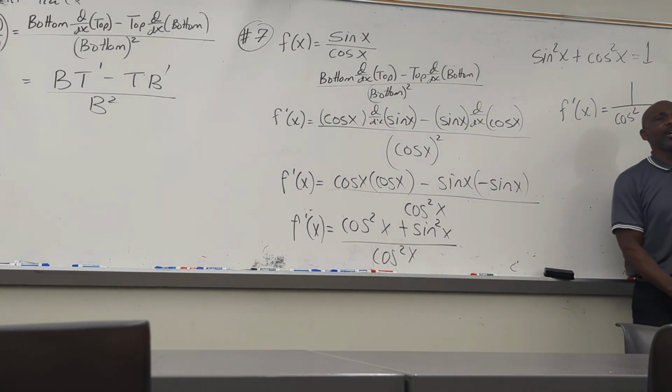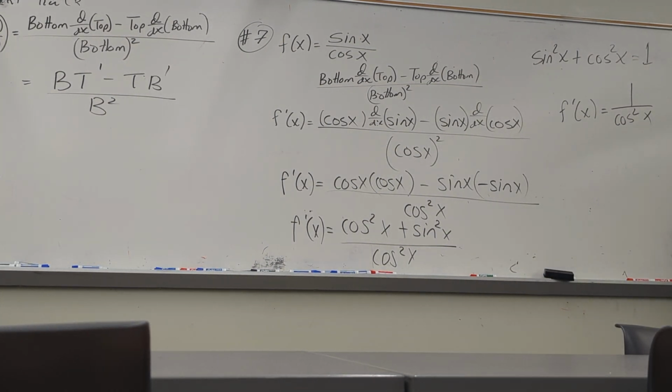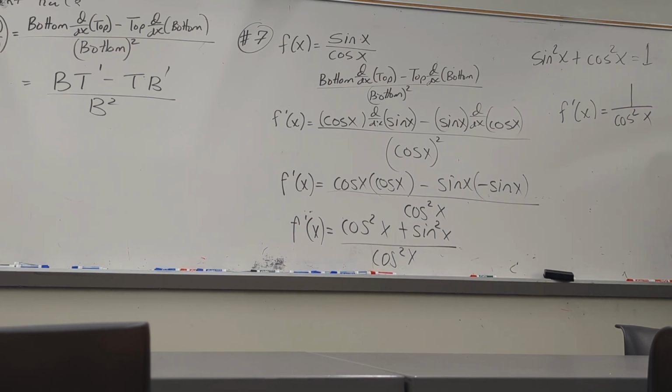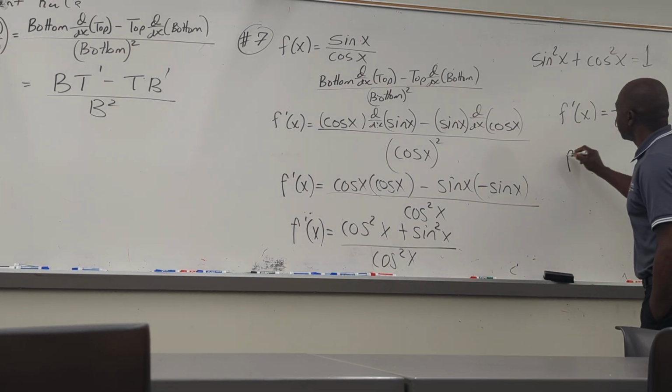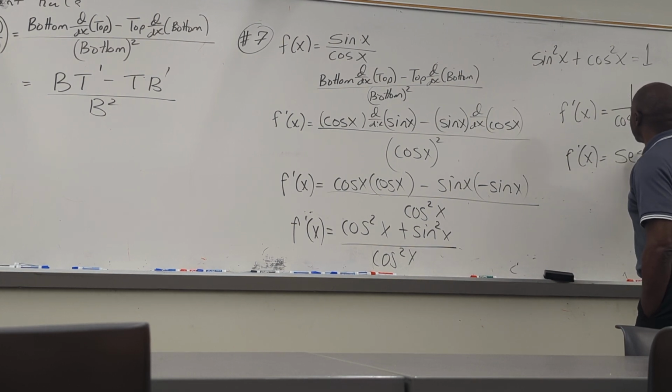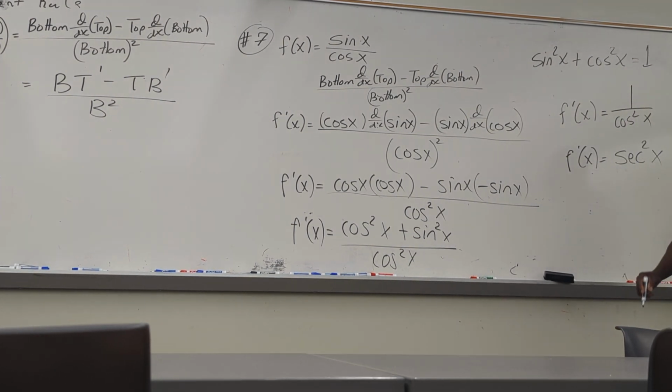Now we have sine squared x plus cosine squared x, which is 1. And what's 1 over cosine squared x? Does my class realize this is secant squared x? Yes, no?